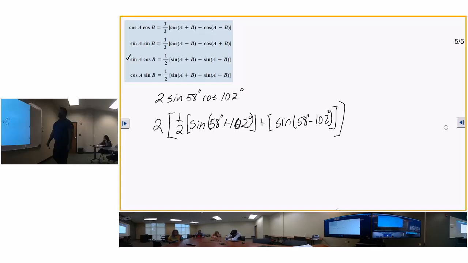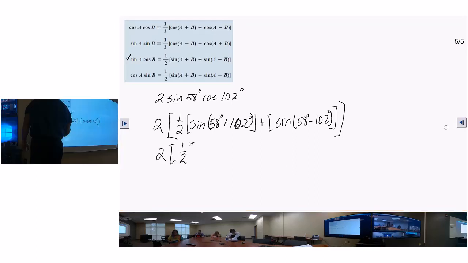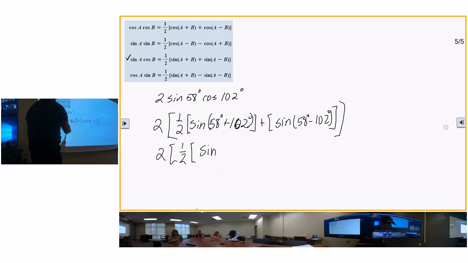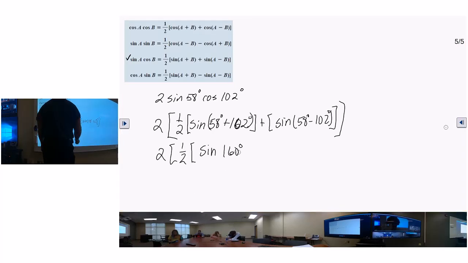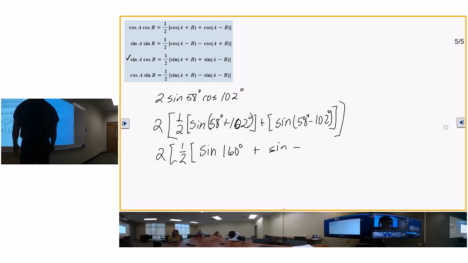And that's going to give me 2 times 1/2 brackets sine of 160 plus the sine of negative what? 58 minus, what is that, 46? What is it, 44?